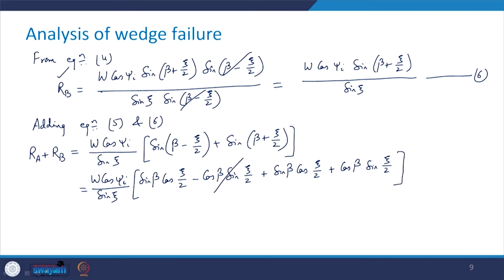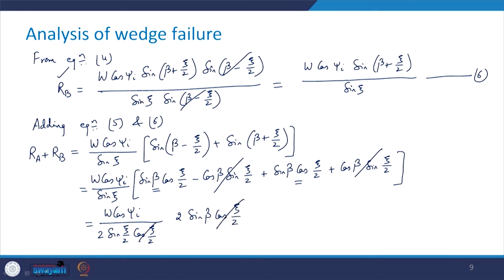Now you see this and this term will get cancelled out, and ultimately what you will get is W cos psi i divided by, this can be written as 2 sine zeta by 2 into cos zeta by 2, and here we will have, because these two terms are the same, 2 sine beta cos zeta by 2.